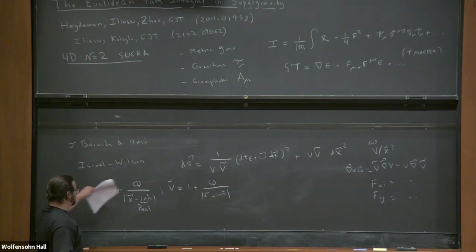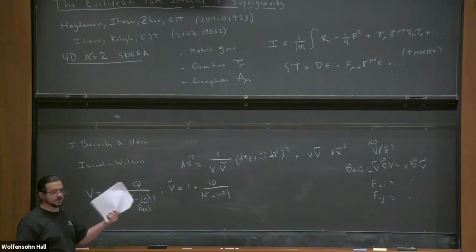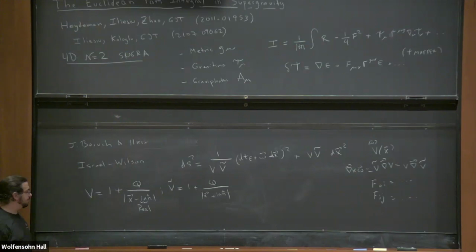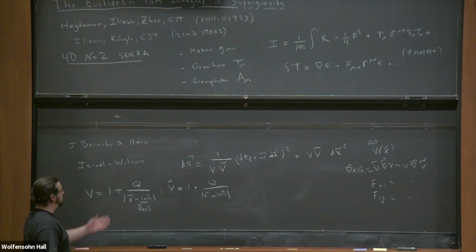Then this metric with this choice of B and B tilde is exactly the supersymmetric Kerr-Newman solution that I mentioned before. The reason I want to write it this way is that there is a paper by Todd from the 80s that shows that all metrics of this form, besides being solutions, also have Killing spinors.